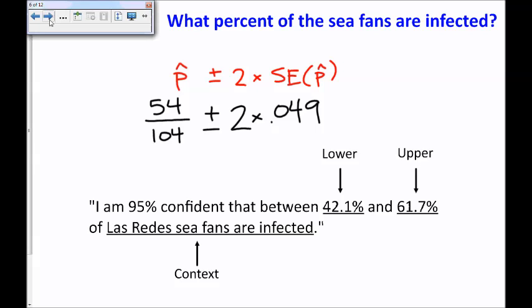That's the conclusion, and this is a phrase that you should get used to saying. This also should be underlined because you can change your confidence level, which we'll talk about in a few minutes: I am blank percent confident that between blank and blank of blank. That's a good phrase to have memorized as you will be giving conclusions for your confidence intervals.